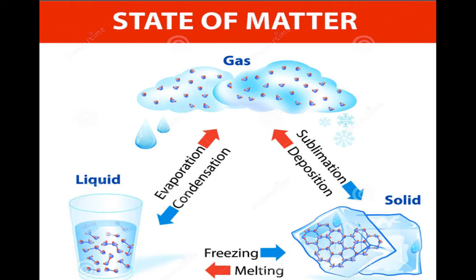When gases condense, they turn into liquid, and when liquids freeze, they turn into a solid. Solids can go straight to a gas through the process of sublimation and vice versa. When gases turn into solids, it's called deposition.